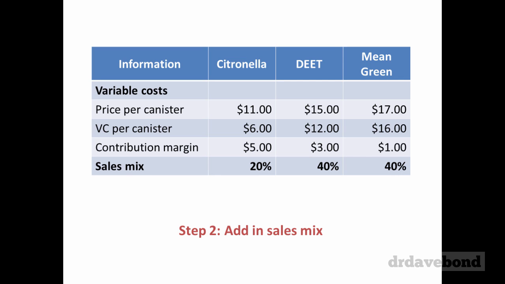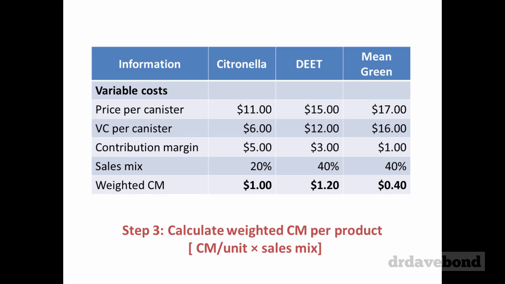Step two, we add in the sales mix. Now the sales mix is the proportion of the total sales in terms of units for each of these products. So 20% of the units sold are Citronella, 40% are DEET, and 40% are Mean Green. We then calculate the weighted contribution margin per product.